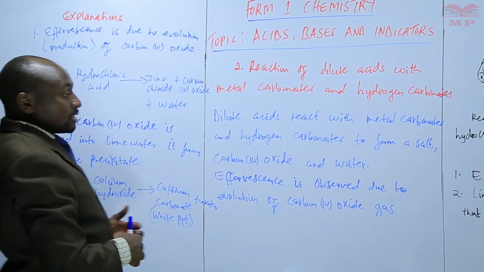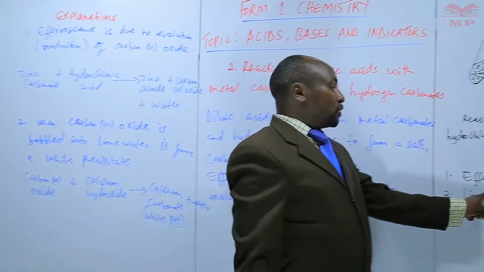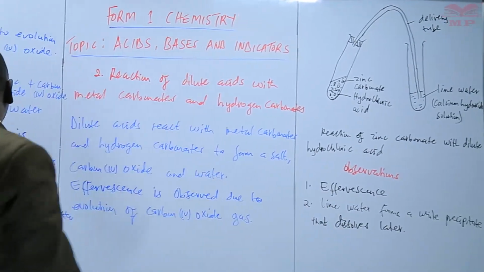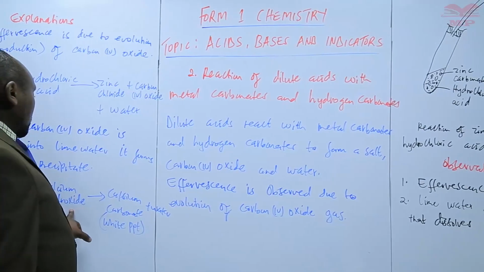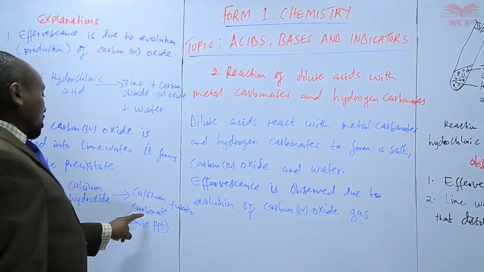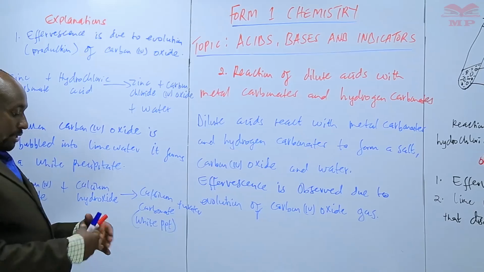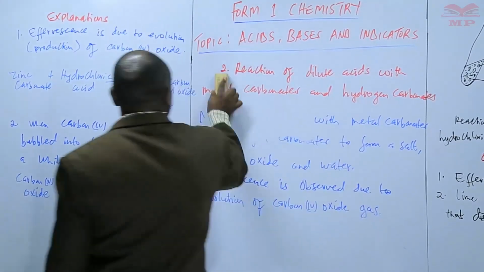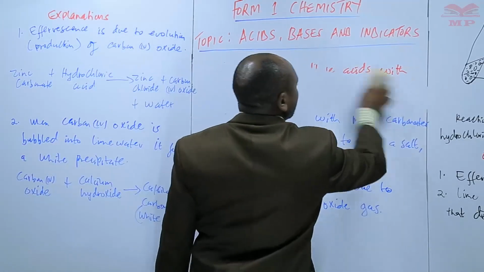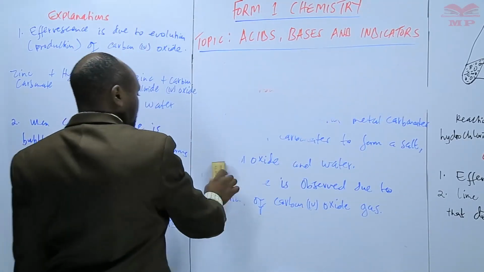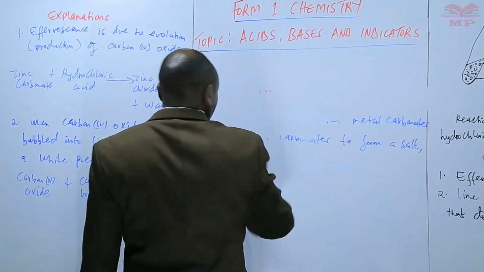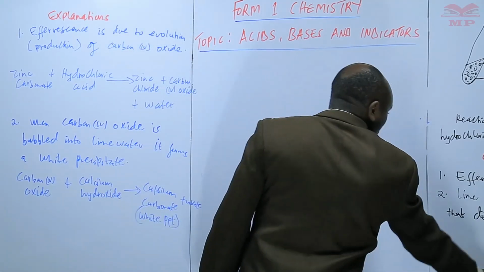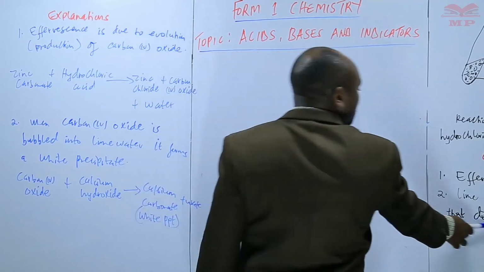So we have explained the two observations: effervescence due to carbon 4 oxide. Lime water forms a white precipitate because carbon 4 oxide combines with the lime water to form calcium carbonate, which is a white precipitate. There will still be a third observation, or the third explanation, because we are saying that the white precipitate dissolves later.